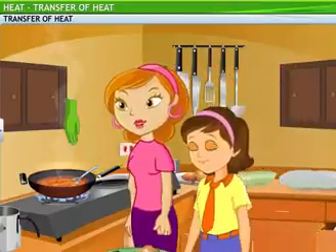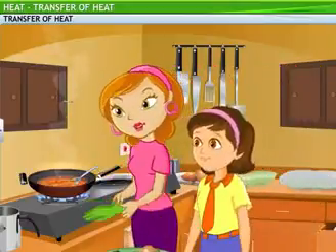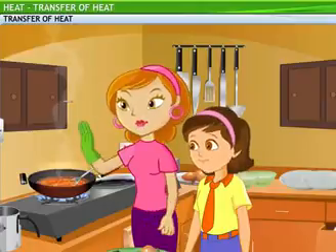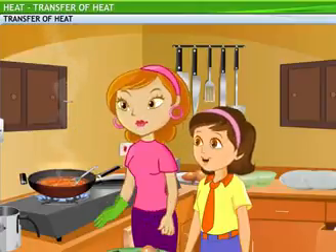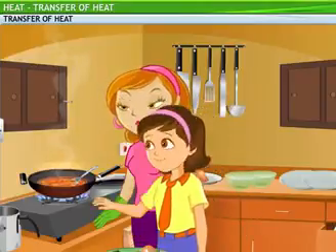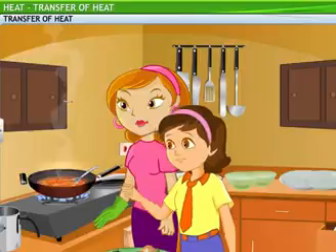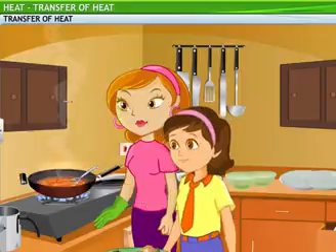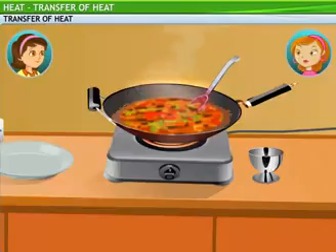And why do you think I'm wearing a glove to hold the spoon to stir the stew? Oh, I guess the spoon is hot. Let me check. Careful, you'll burn yourself. Ouch! I can see that's getting quite warm. Yes, the heat from the stew as it cooks gets transferred to the spoon that I'm using to stir it.